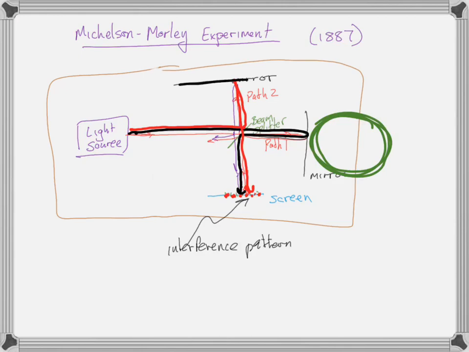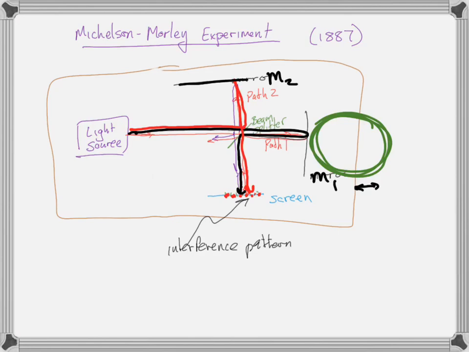Let's say the other mirror is fixed in place, and let's put it in the right place because I've shifted it over. Now I'm going to call them M1 and M2, for mirror 1 and mirror 2. If the object to which mirror 1 is attached moves, the path 1 is going to change, and path 2 will stay the same.